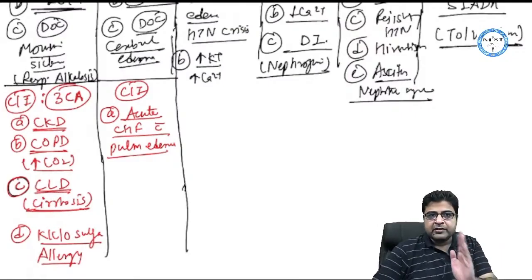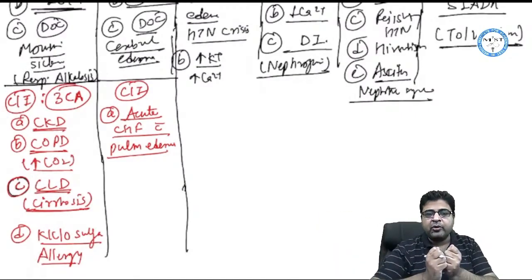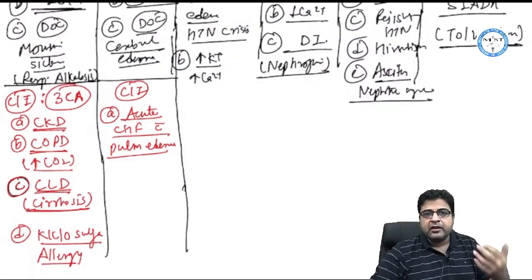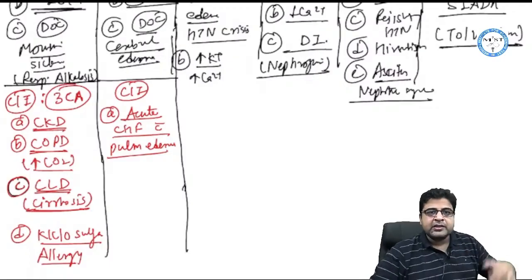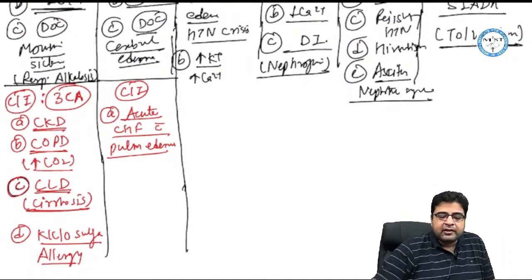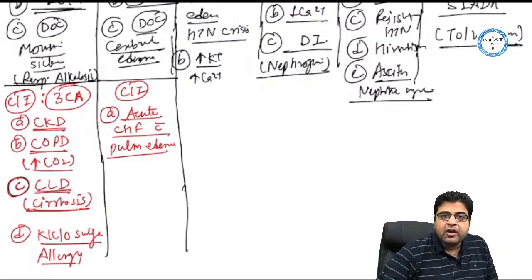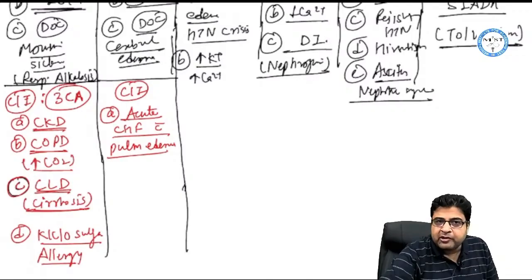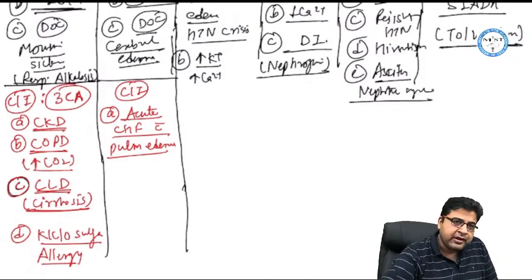If you have this drug in the plasma, this will pull more water from the organs. Now your plasma volume will be higher, this will take entry in the heart, and this will put more load on the heart. This will put more congestion in the heart. Therefore, in a patient of congestive heart failure, already there is hypervolemia in the heart. If you give mannitol, that will put more pressure, more load, and therefore it is contraindicated.